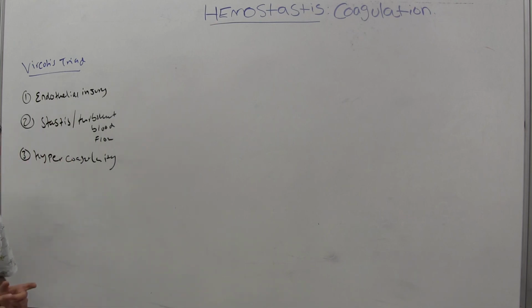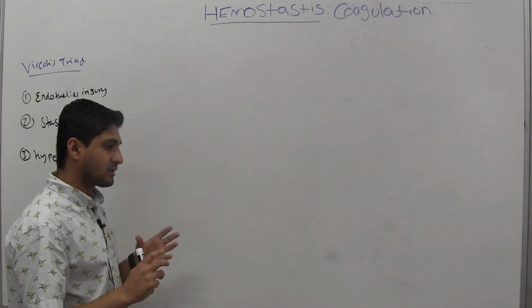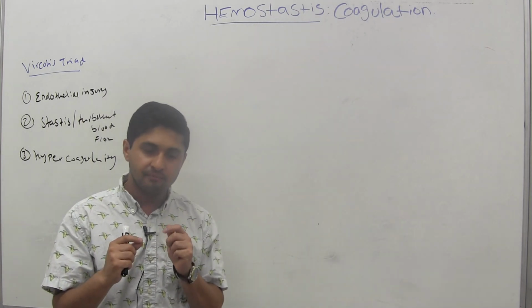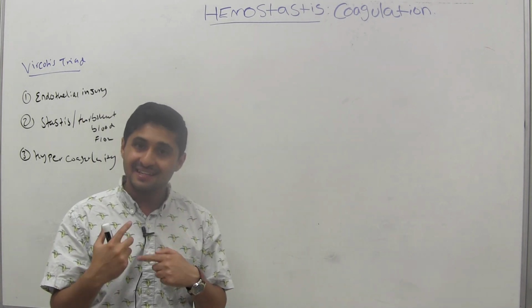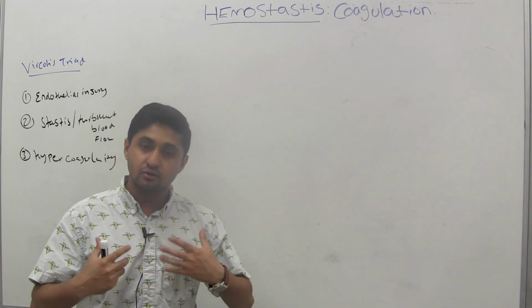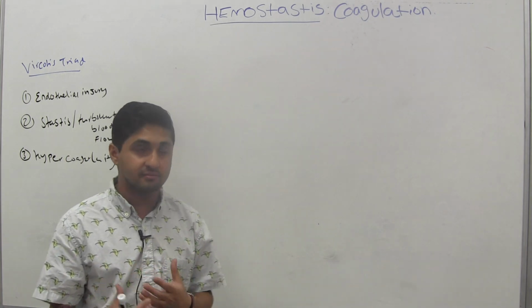One of the most important concepts to understand is that if the small vessels are cut, or the cut is small, then the body can fix it by creating a clot.